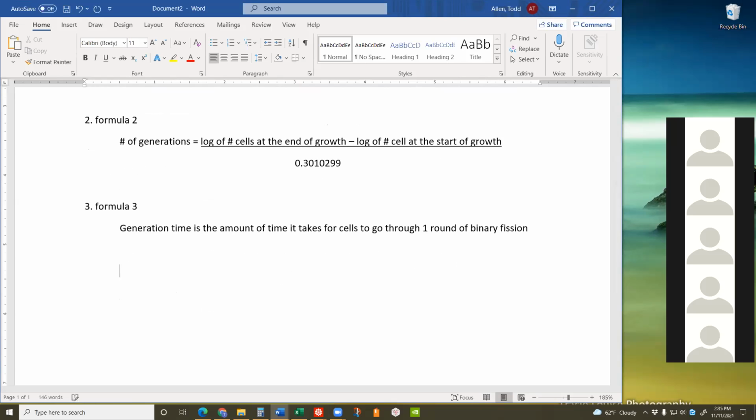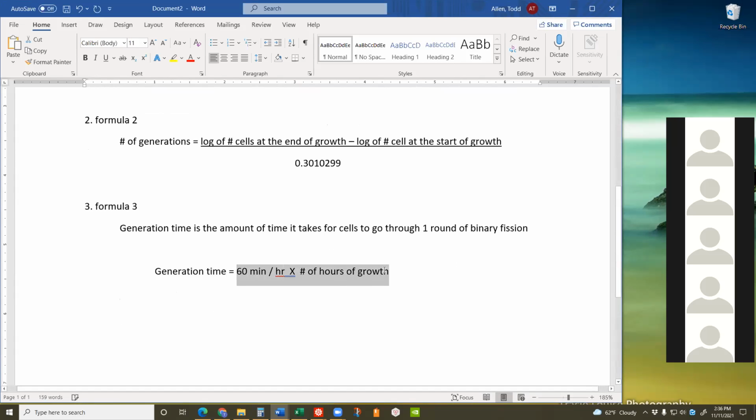Generation time equals 60 minutes per hour, multiplied by the number of hours the cells have been growing, all divided by the number of generations that occurred during that period of growth.